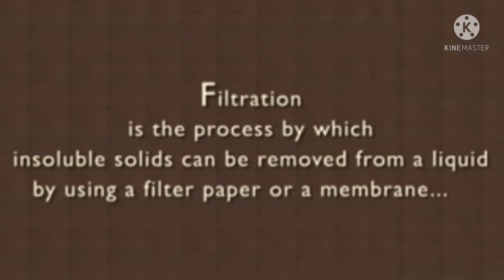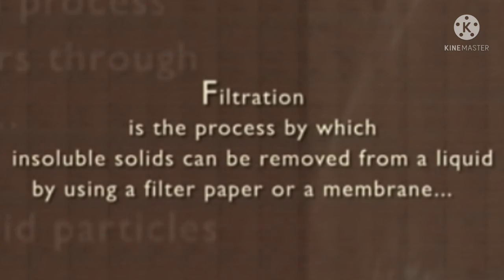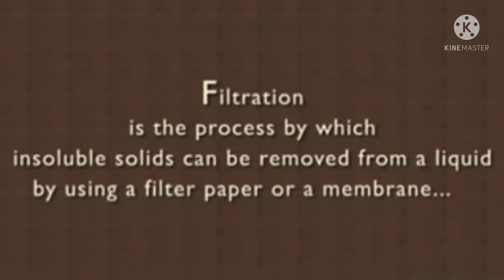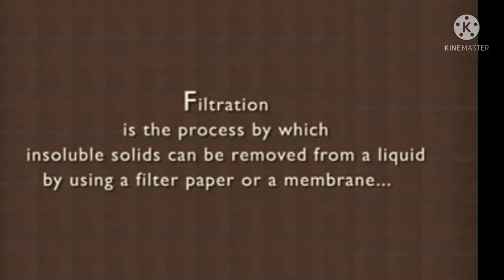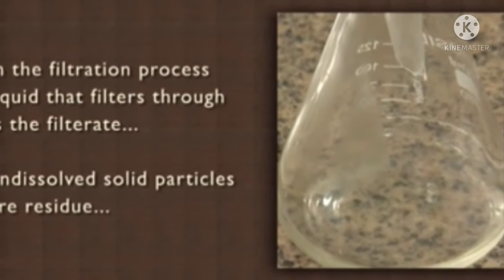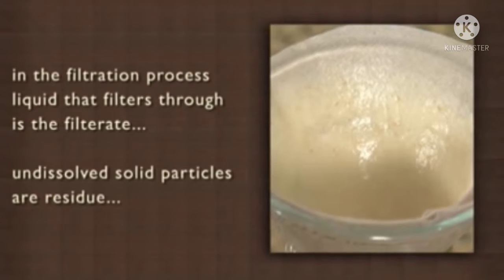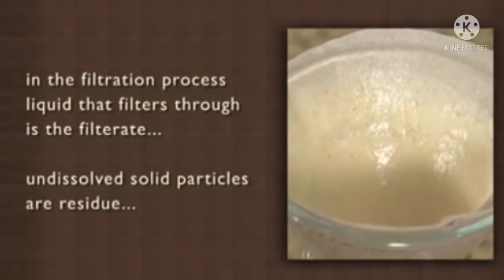Now coming to know about the definition of filtration. Filtration is the process by which insoluble solids can be removed from a liquid by using a filter paper or a membrane. In the filtration process, the liquid that filters through is the filtrate, and the undissolved solid particles are the residue.